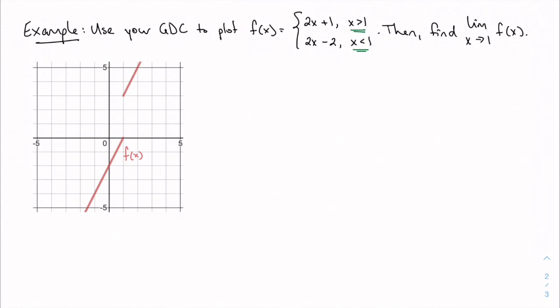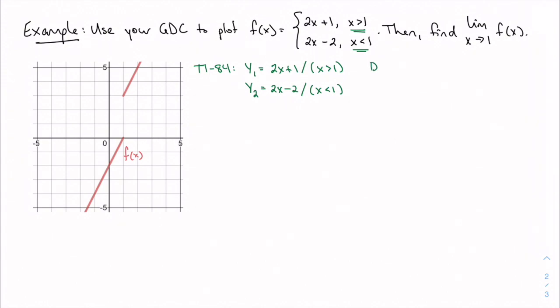I've gone ahead and already plotted it on Desmos and copied it. Remember on your graphing calculator, so if you were to do this on the TI-84, you're going to have your y1 be equal to 2x plus 1, and then you're going to have your division button with your restriction built in, and then likewise for y2.